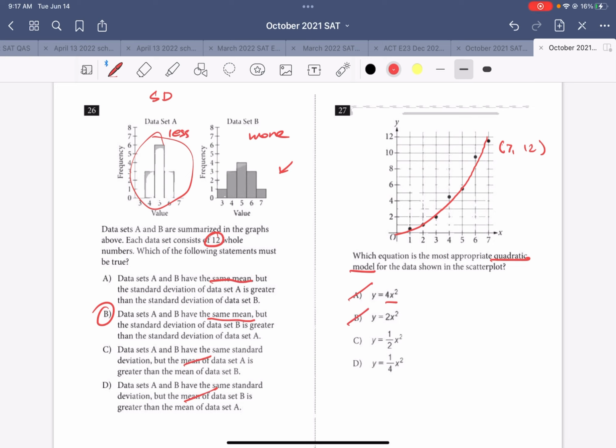And then 7 squared over 2 is 49 over 2, that's around 25 something. Now here, 49 over 4 is around 12 point something, so that's the best approximation. So when you plug it in, see which one is the best approximation.